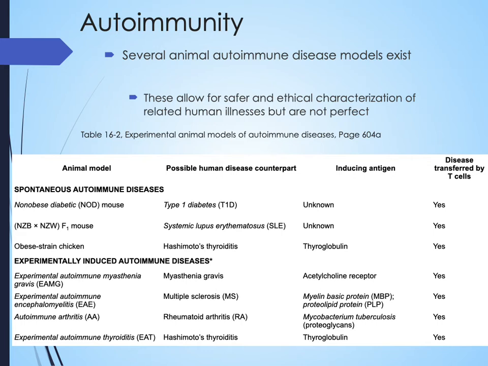There are also experimentally induced autoimmune diseases. This is where you have a mouse and then you give them antigen, either by injection or delivery in their water, you give them the inducing antigen, and that induces the disease.